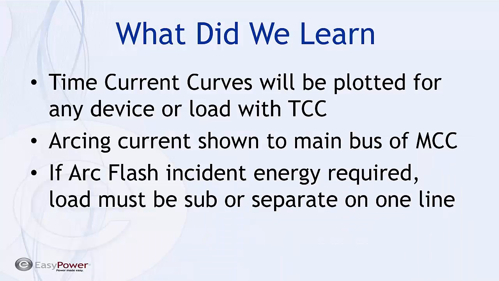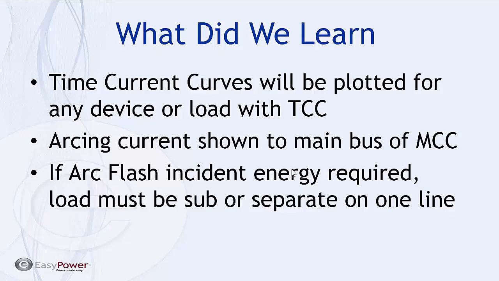So as a real quick review, what we learned is the fact that the curves will be plotted for any device that has a TC curve within the one-line diagram, and we can pick these up even across transformers and across different bus systems.